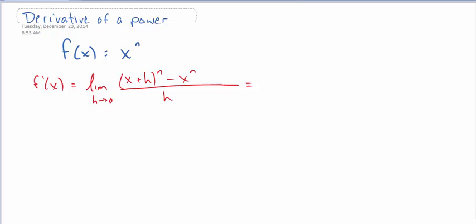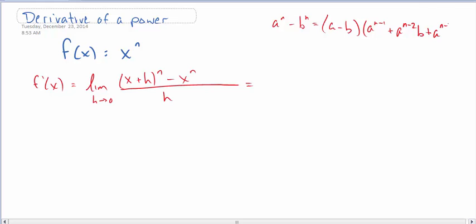There's a property in mathematics that says a^n minus b^n is equal to (a minus b) times (a^(n-1) plus a^(n-2)b plus a^(n-3)b^2 plus and so on).